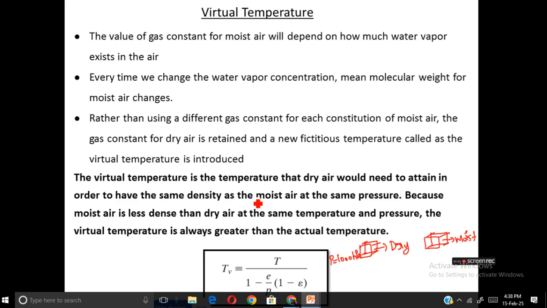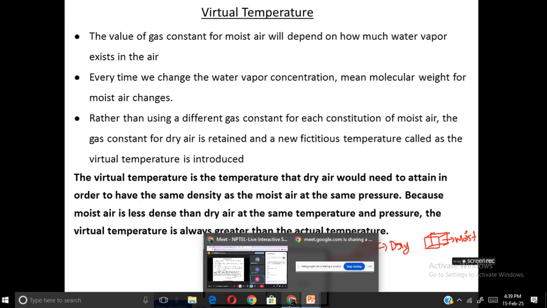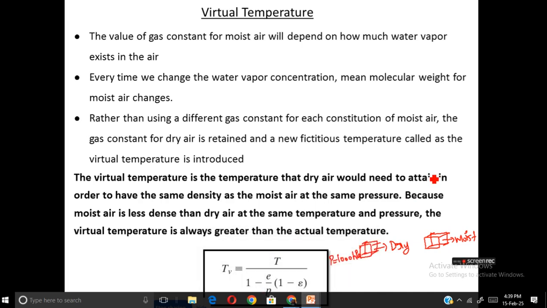There we had values of density for dry air as well as density for moisture. Which one had the higher value, dry air or moisture? Dry air, ma'am. Yeah, dry air has a higher density compared to moisture. So rho d, the density of dry air, is greater than the density of moisture.